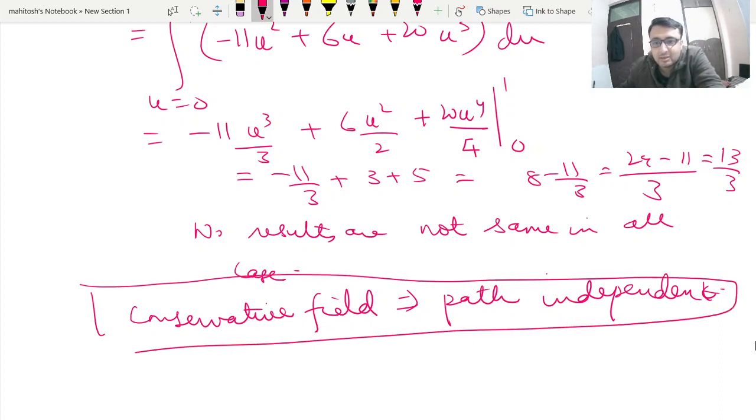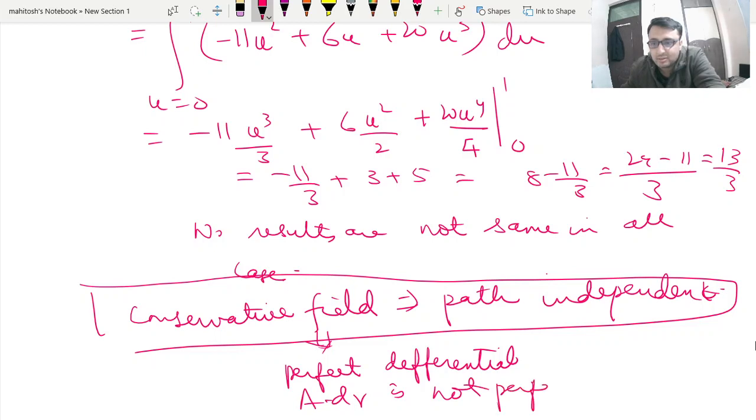So for that it has to be a perfect differential, and you can see it's not a perfect differential. A dot dr is not a perfect differential. One way of looking at it is that it is not a perfect differential.